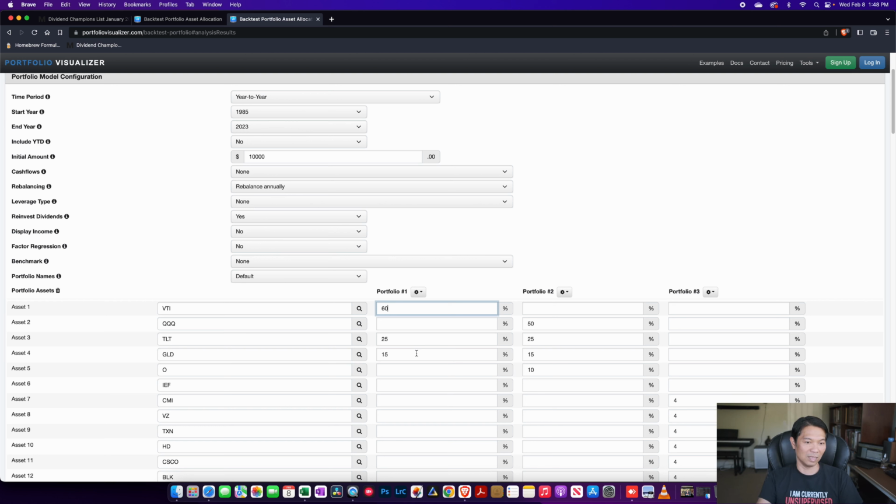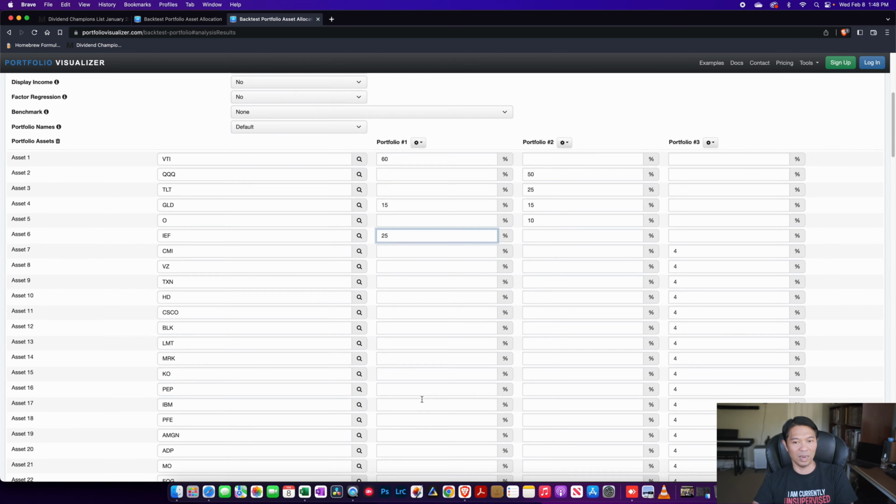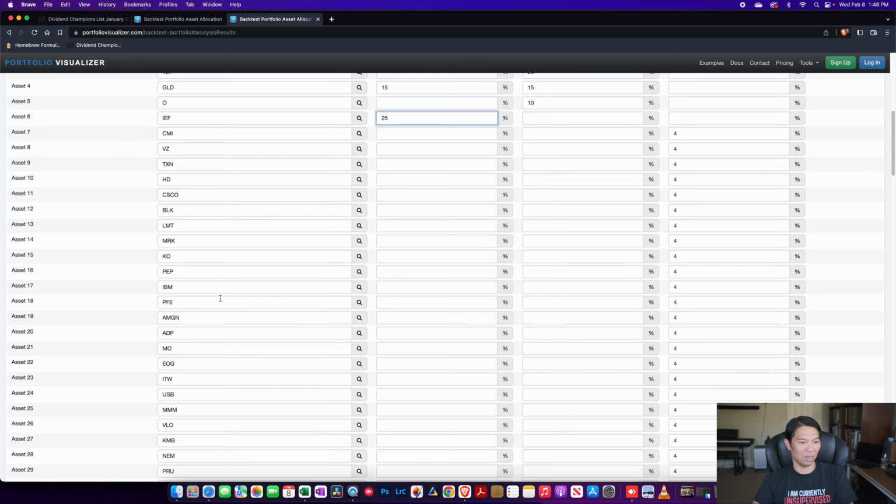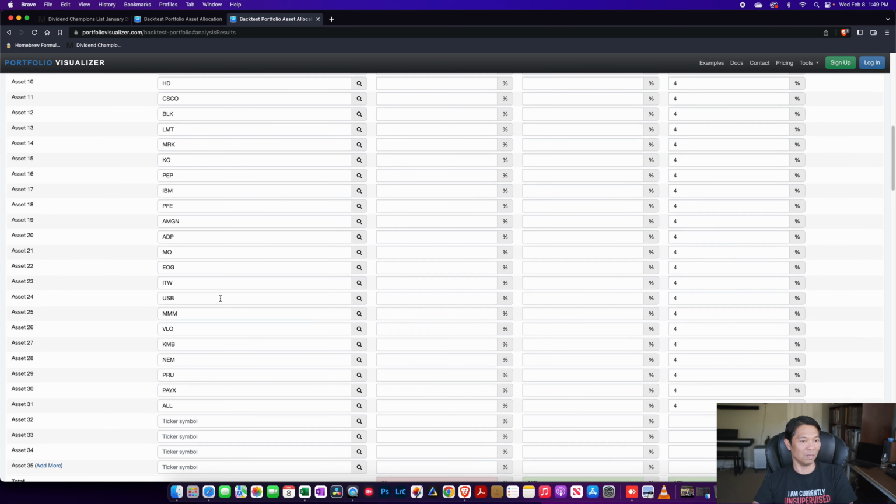He recommended this allocation where you have 60% in total stocks, 25% in bonds, and then 15% in gold. I'm not sure if he uses long-term bonds, but for this comparison, I think I left it like that. I really think he suggested intermediate, but let's just change this to intermediate and see what the result is. Otherwise, it's just using the Schwab ETF holdings rather than the dividend champions.